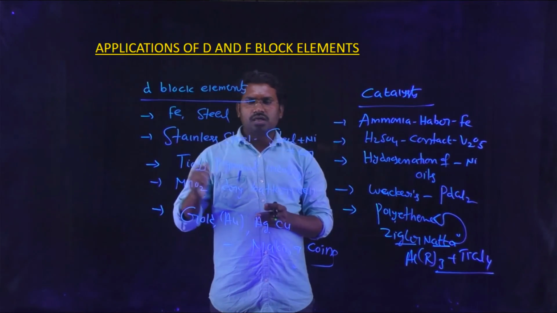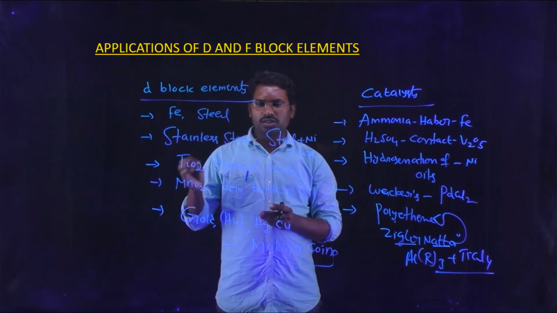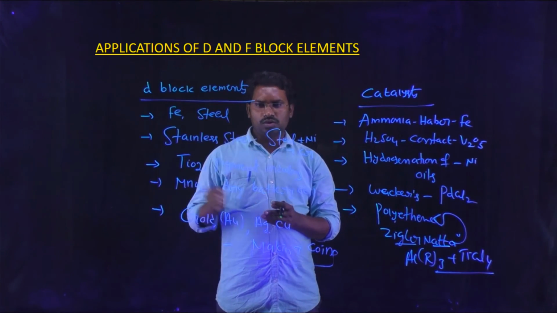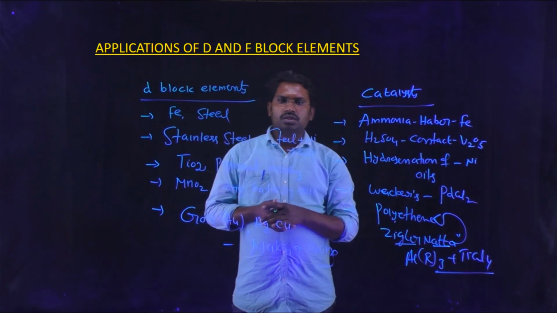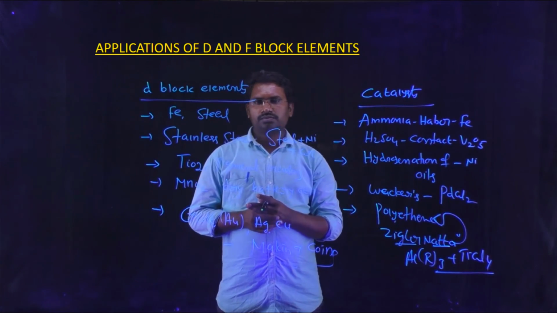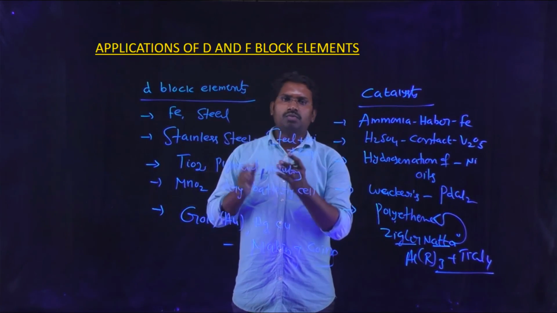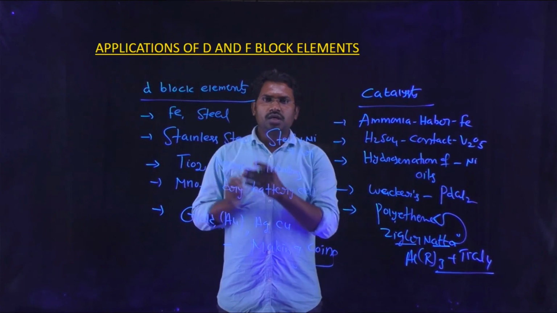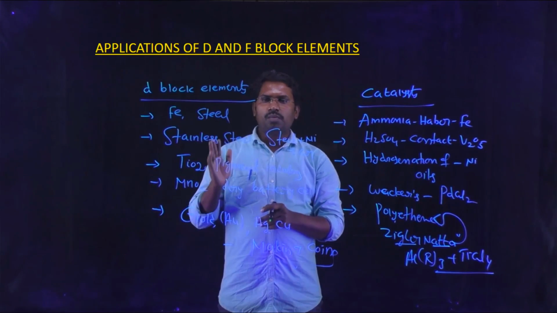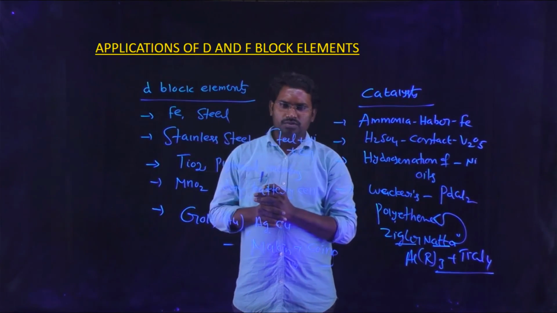We covered their general electron configuration, their oxidation states, and their ionic and atomic size, known as the lanthanide contraction. We also covered some of the general characteristics exhibited by the actinoids, the most important differences between the lanthanides and actinoids, and finally the applications of d and f block elements.